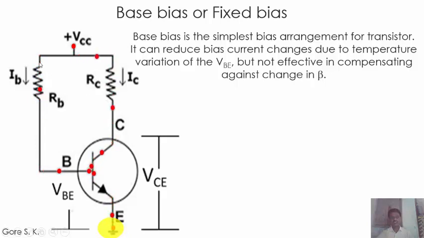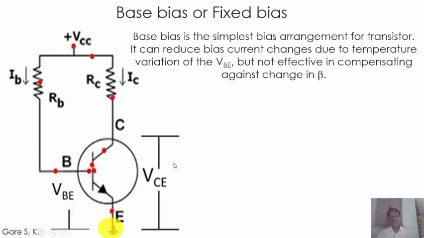And this resistance, RB, provides the input current, that is the base current, to the base of the transistor. The voltage between base and emitter is VBE, and the voltage between the collector and ground is known as VCE.